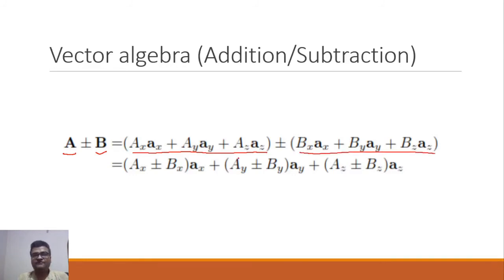If we want to add these two vectors in component form, addition and subtraction will happen like this only. We have to add or subtract the corresponding coefficients of X, Y and Z. Then we will get a new vector which is the addition or subtraction of these two vectors.